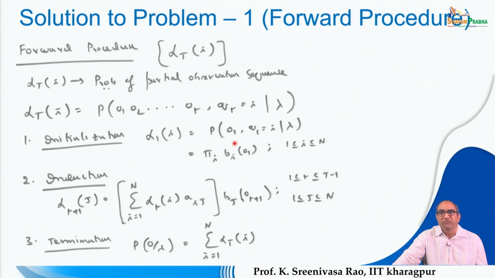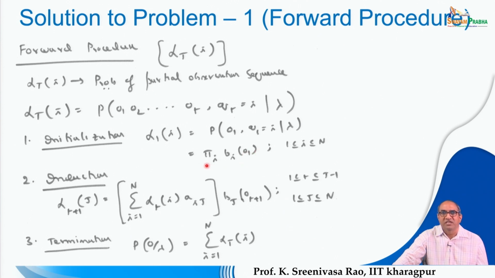It is the probability of the observation symbol at the state I. This can be written as: Q1 equals I means the system is in state I at the initial state, and that probability is pi I. At this state the symbol probability is B I of O1, the probability of the first observation symbol from state I, where I equals 1 to N, and I can be any of the states 1 to N. So, the initial alpha 1 of I can be written as pi I times B I of O1.